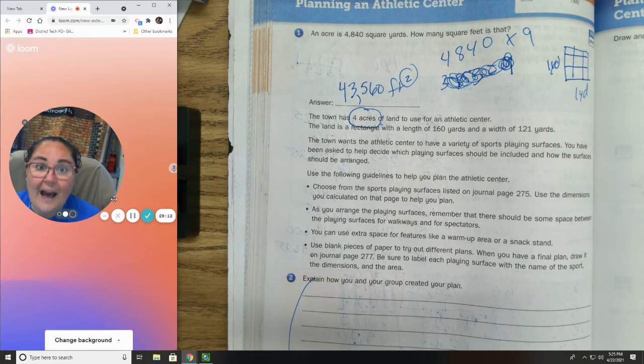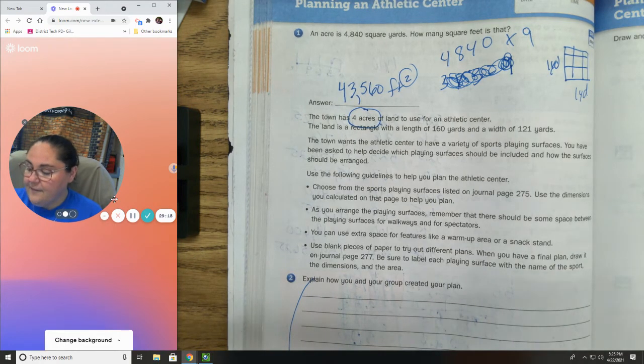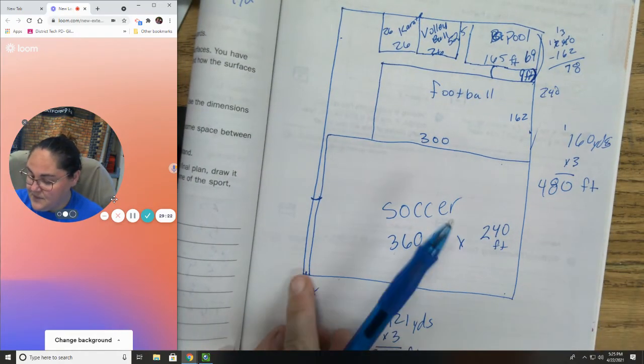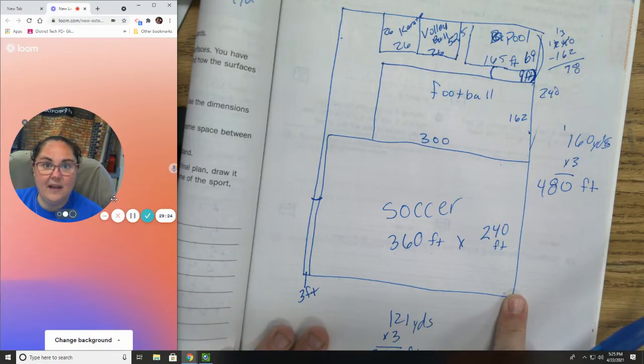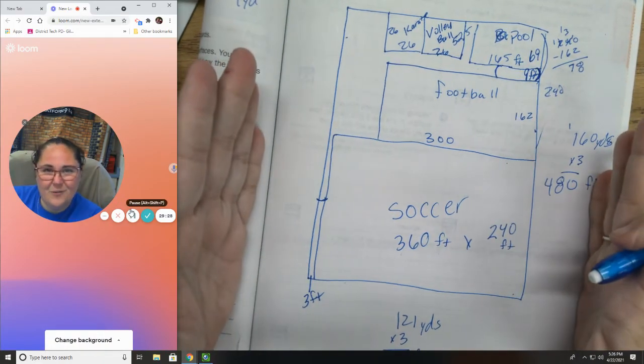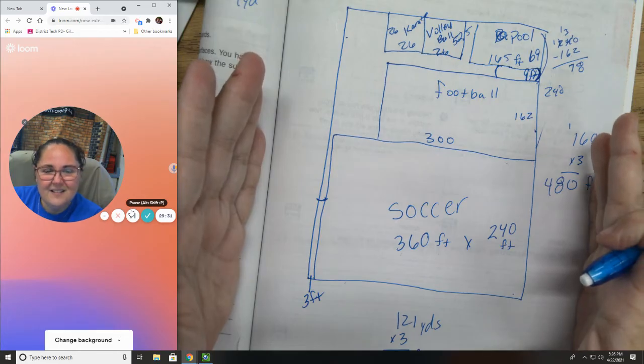You're going to need to know how to use the land and the room that you have, right? If my living room is this size, am I really going to get something that's wider than this for my area? No.